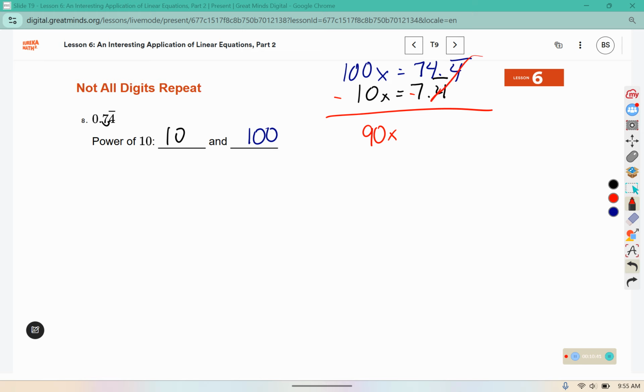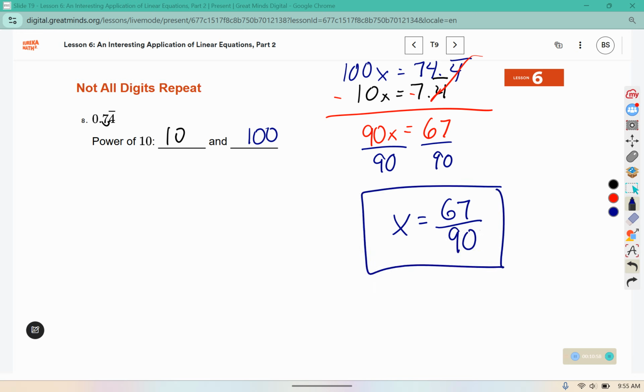The repeating pieces subtract out. And then I have 74 minus 7, which is 67. Then we can divide both sides by 90. And we have the fraction version of that repeating decimal.